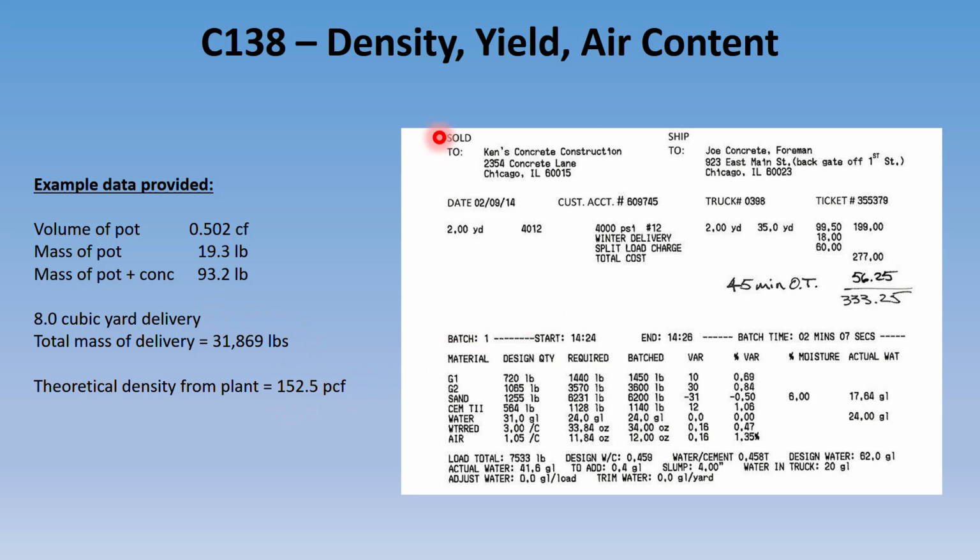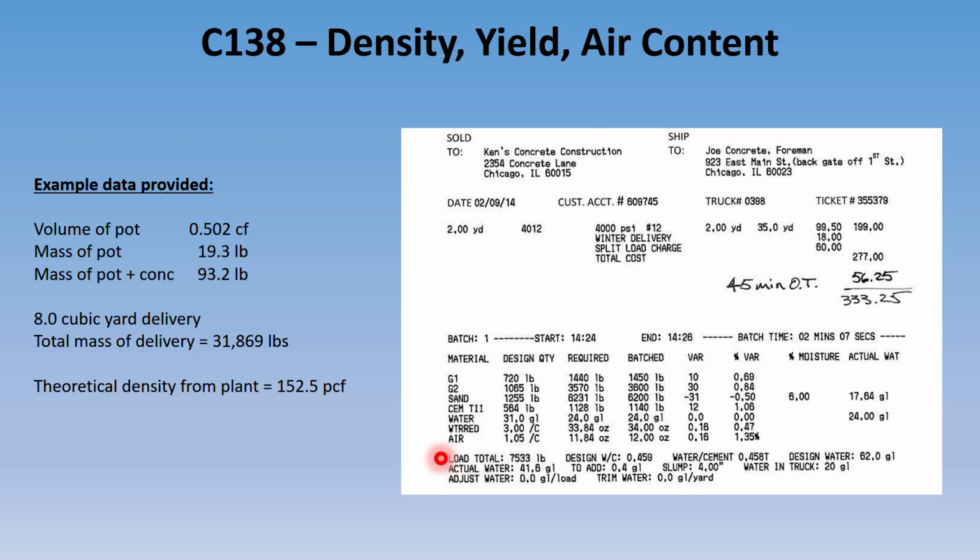This is just a quick example concrete batch ticket that I just Googled. I don't know that it represents an actual job anywhere. But some of the information that you'll see on these tickets is right here: the size of the delivery, the yield, I guess, of the delivery, and then down here we have the total mass of the concrete being delivered.